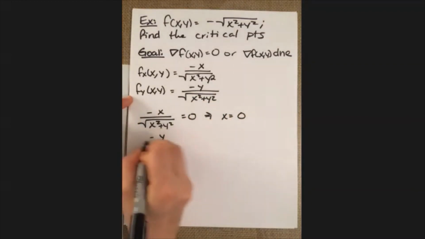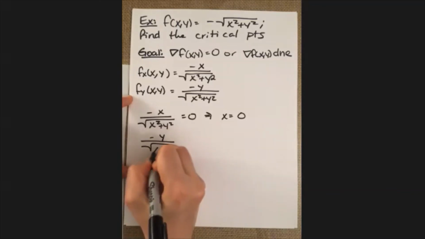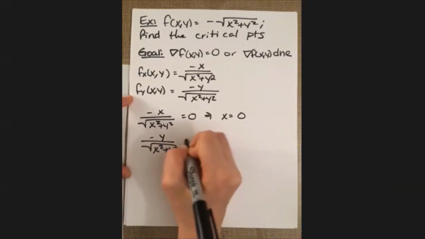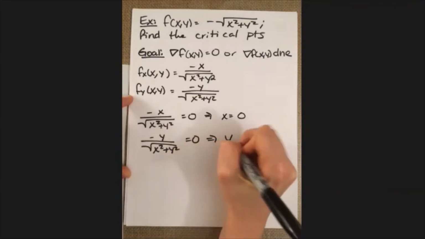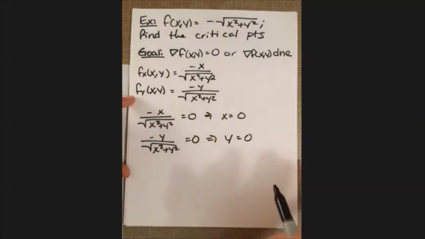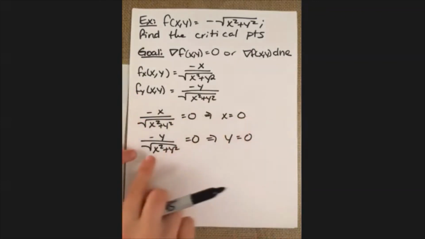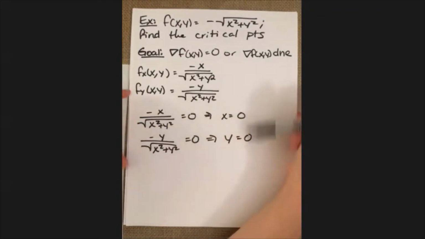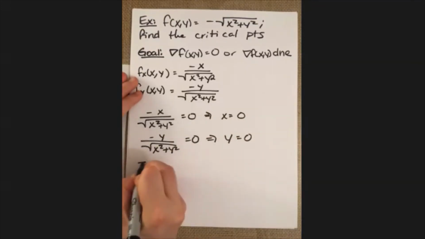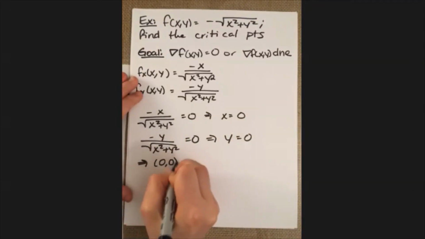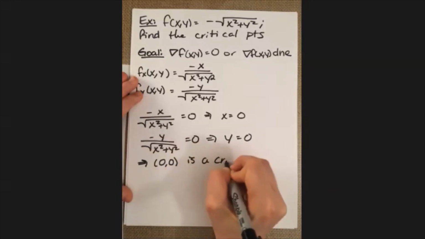We get the same idea for the next one. Negative y over the square root of x squared plus y squared equals 0. This means that y has to be equal to 0 as well. Now, again, same as in the last problem, since this one only gave us x and this one only gave us y, and there's no real interaction between these two, we know that (0, 0) is a critical point.